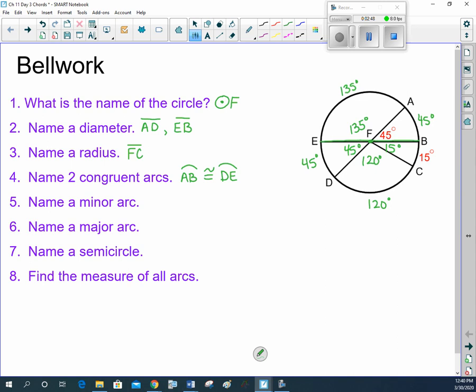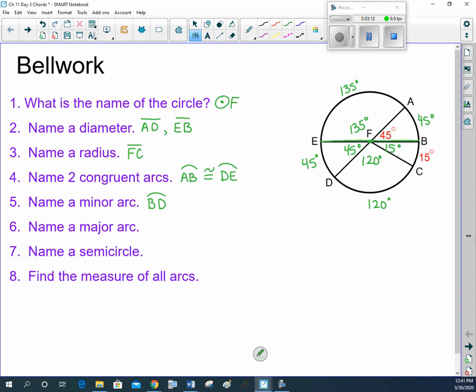So remember, your minor arc just has to be less than 180. So I think I'm going to do arc BD. I'm allowed to do that. It doesn't have to be a single segment. I'm going to go B to D. That's 120 plus 15. That's 135. So that's less than 180. So I could use that for a minor arc.